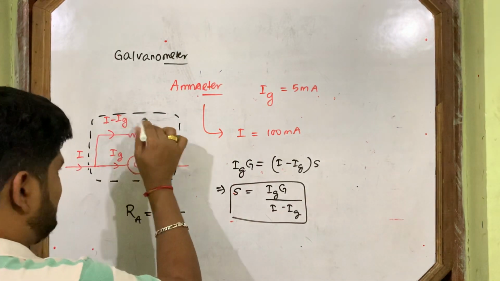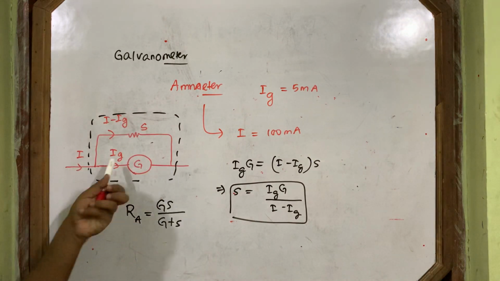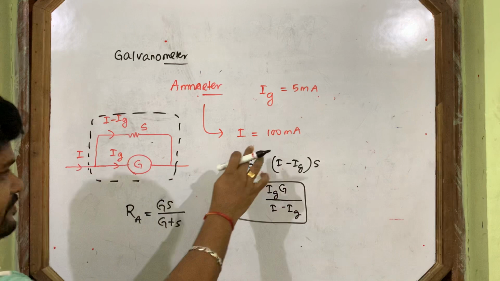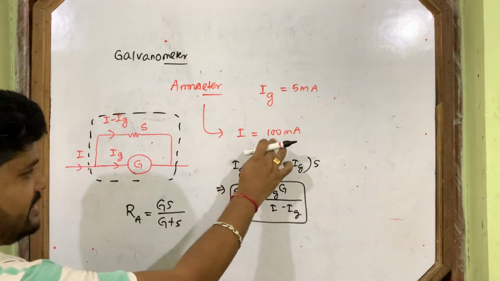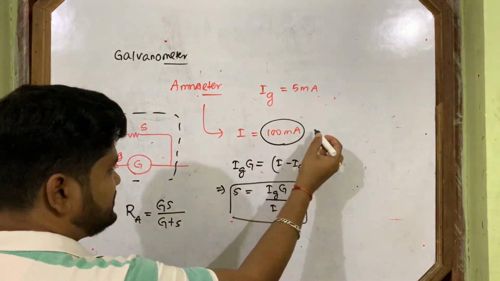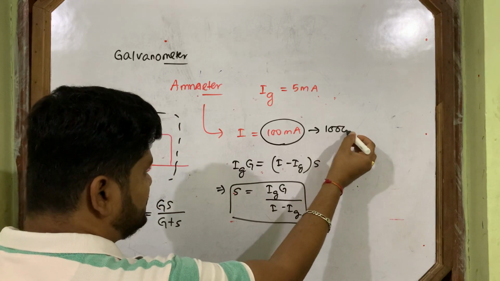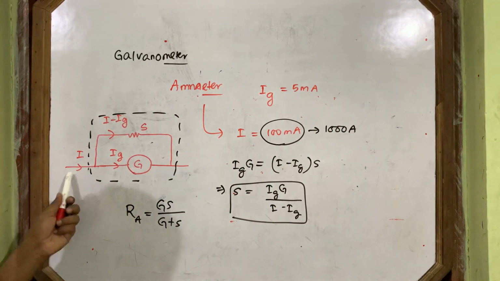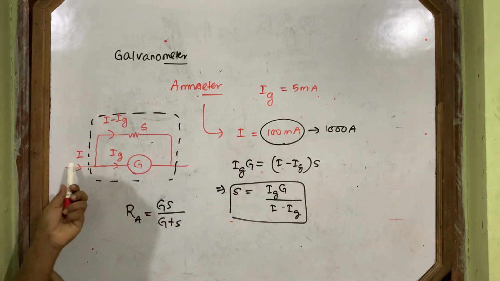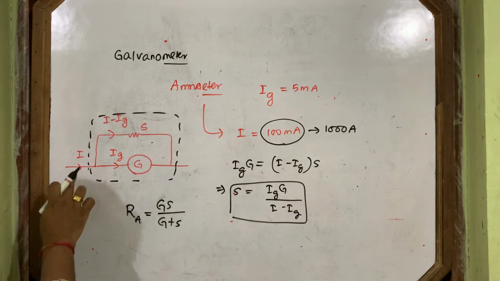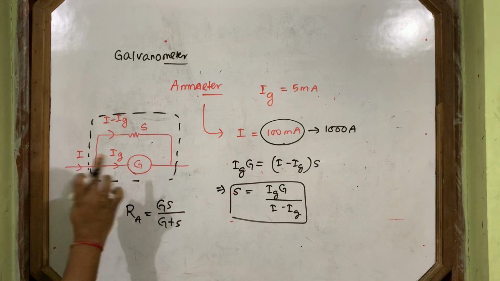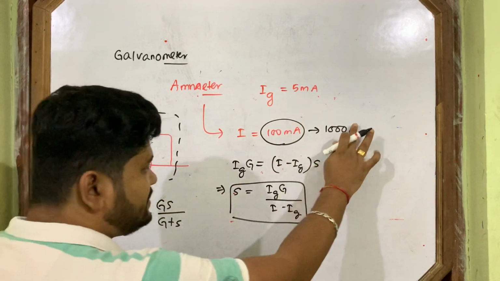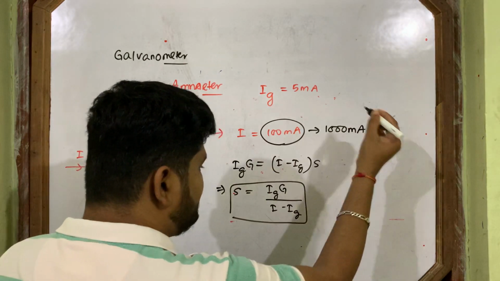If you want to increase the range of this ammeter, what do you have to do? Practically, you see, 100 milliampere you are now sending. Suppose you want to increase this to 1000 milliampere. But this galvanometer will take a maximum of 5 milliampere.